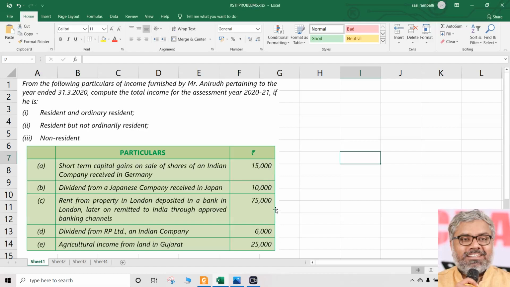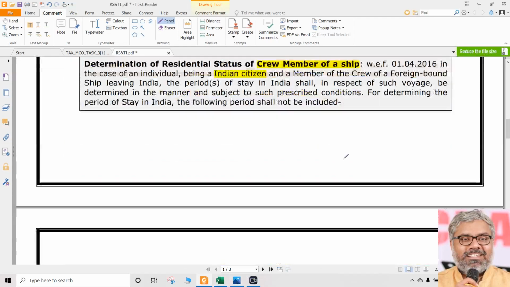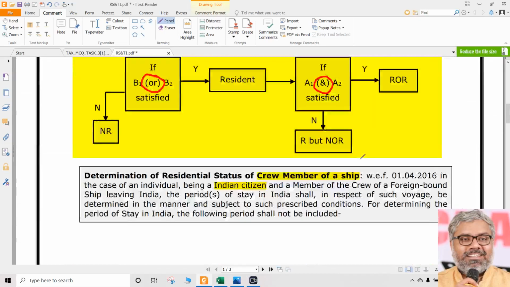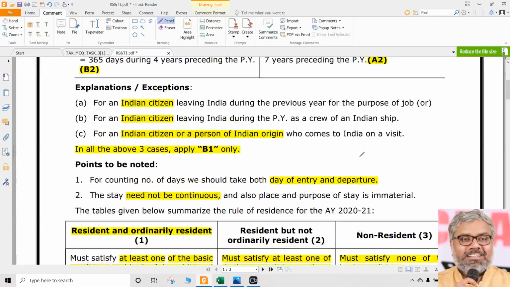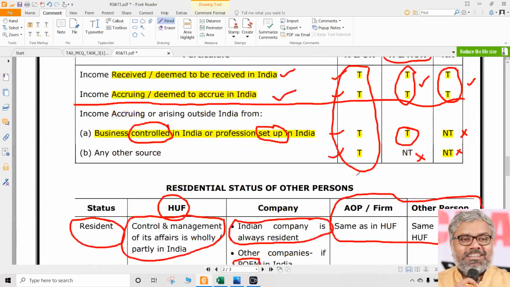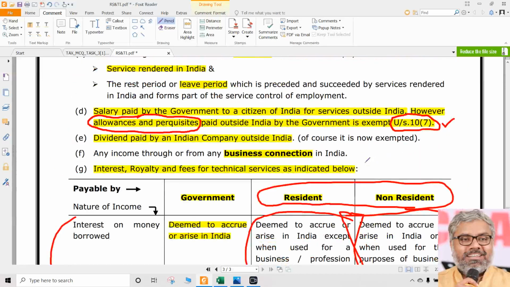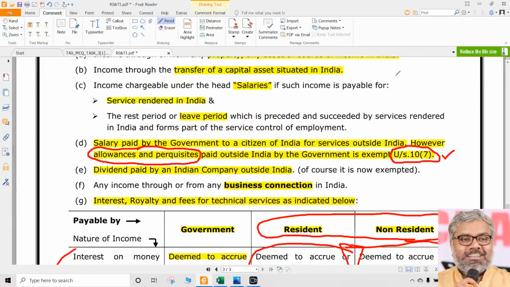Just for example, in today's discussion only, we came to know about section 10(7). Whatever the exception is there, section 10(7) is there, wherever that amount of salary that is paid and all, that is exempt under section 10(7) is what we talked about.